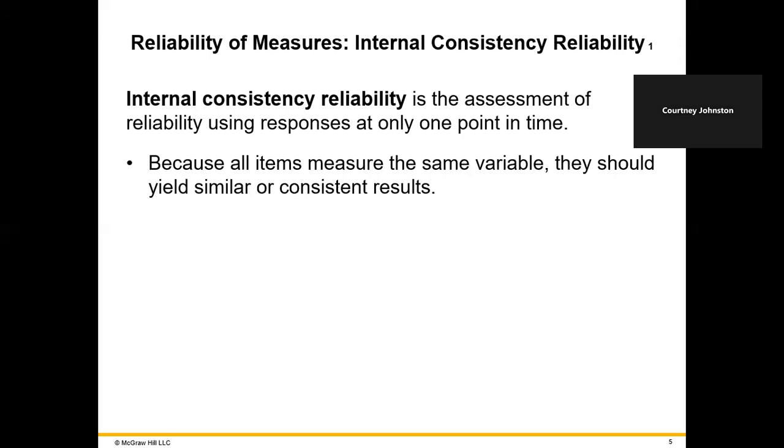You should not see differing answers to similar questions. They should be pretty consistently responded to. And so if there are big differences in how people are responding to similar questions, that's not a very reliable survey.